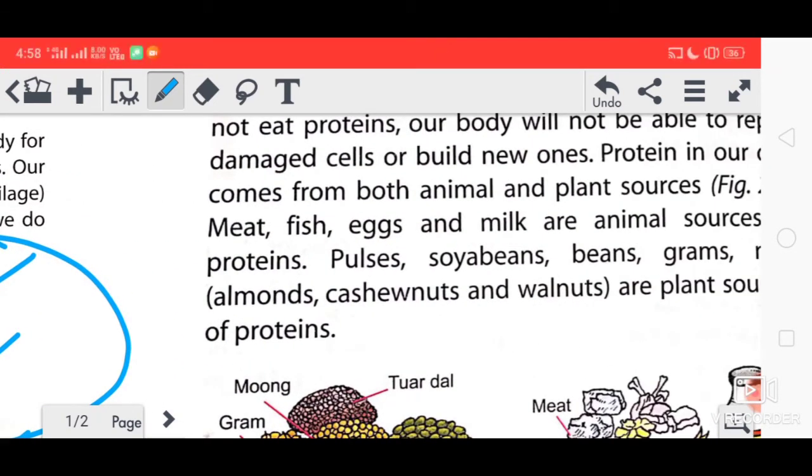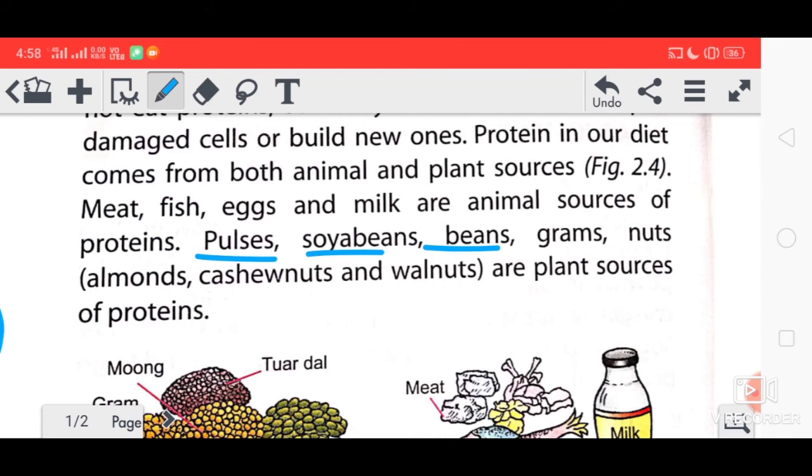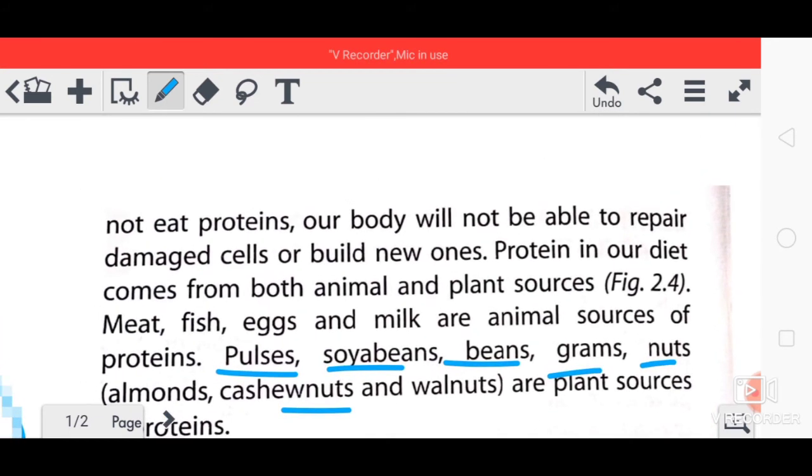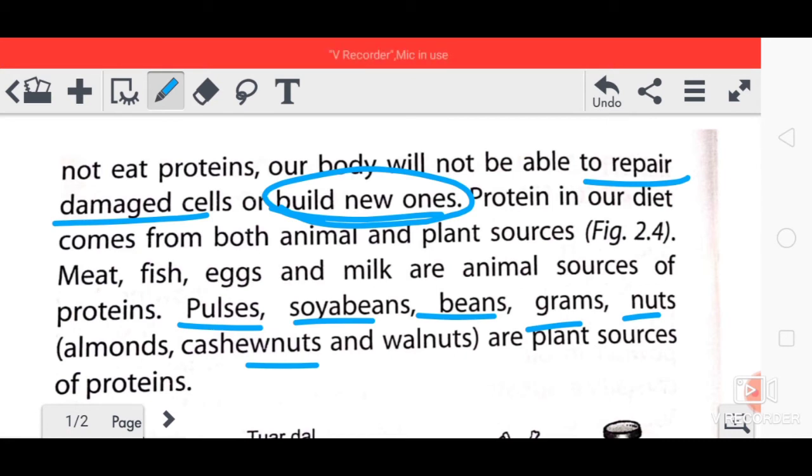You can see here pulses, soya beans, grams, nuts, cashew nuts. All these are sources of protein. You can see here, it repairs the damaged cells or builds new ones. It builds the new cells and repairs the damaged tissue also.